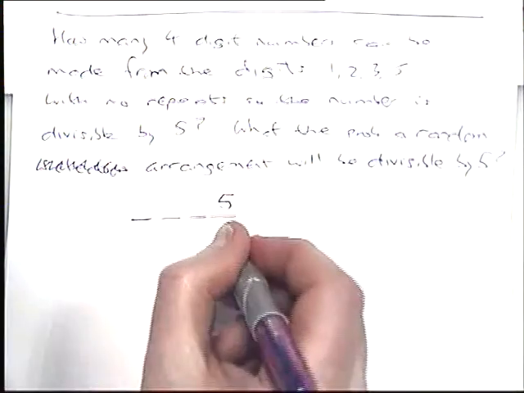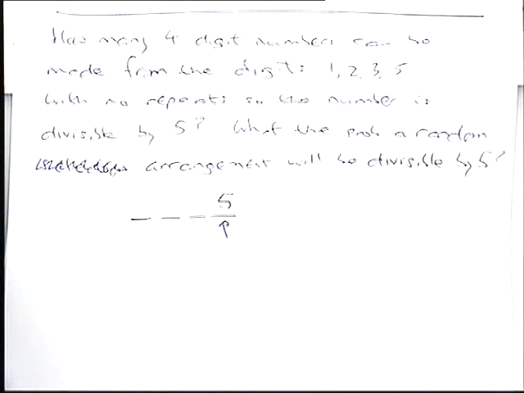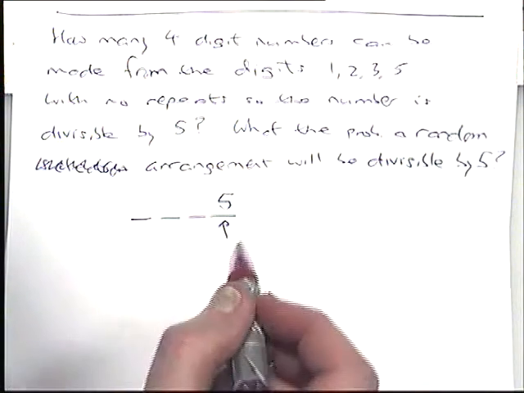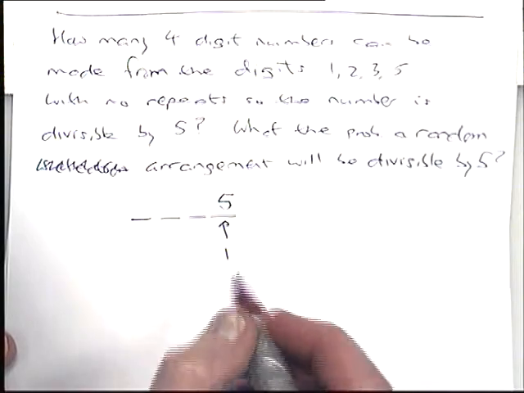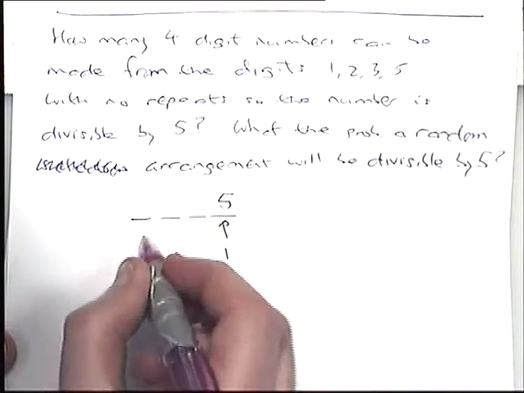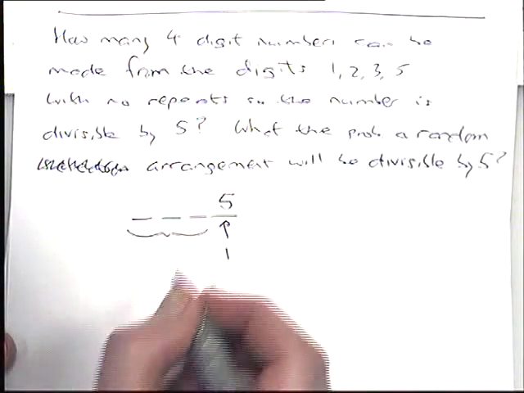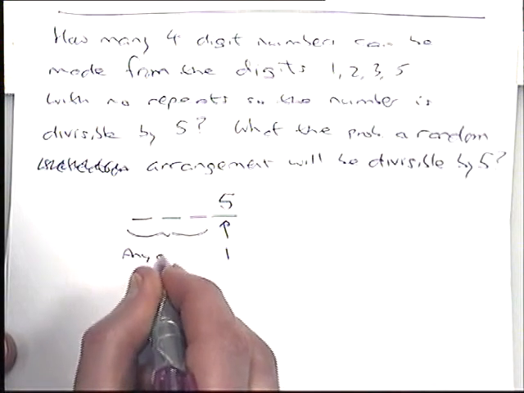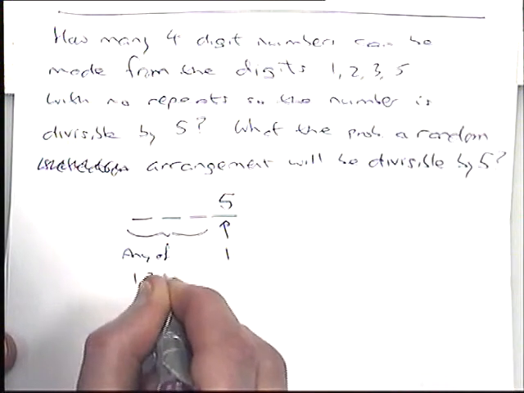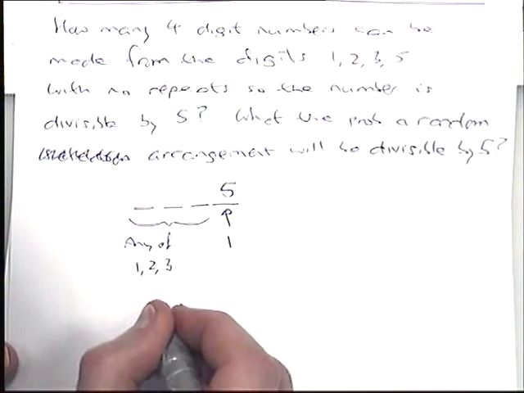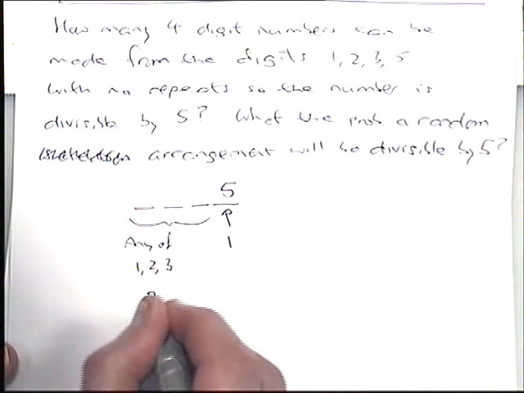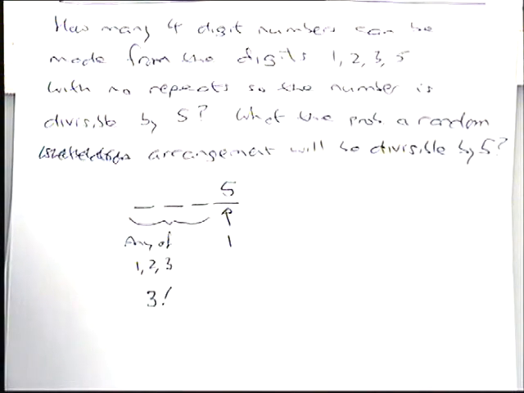How many ways are there then of filling that position? Just one way. These 3 over here can be any of 1, 2 and 3, so they can be arranged in 3 factorial ways.